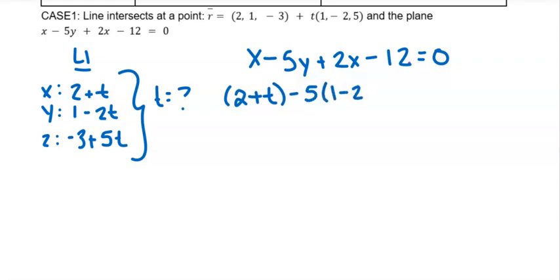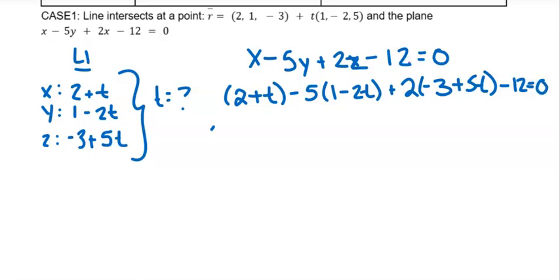For y, I'm going to do the same, the parametric expression of y. And for z, I'm going to put the parametric expression of z in the plane. Okay, now I'm just going to multiply this out.